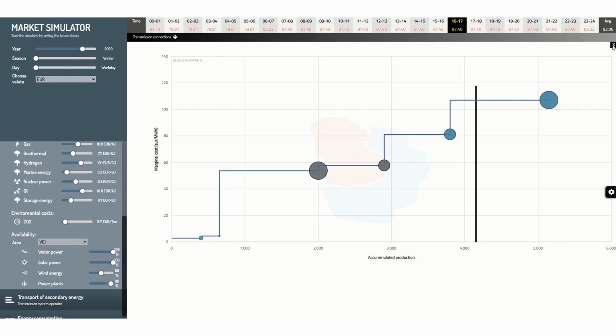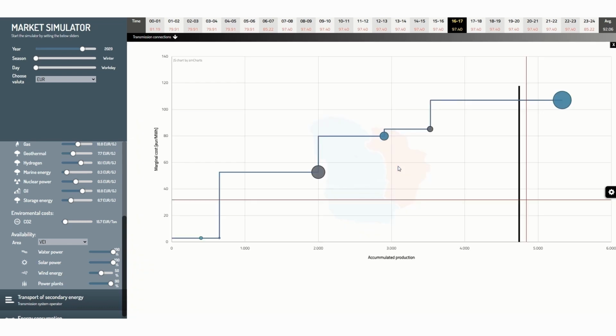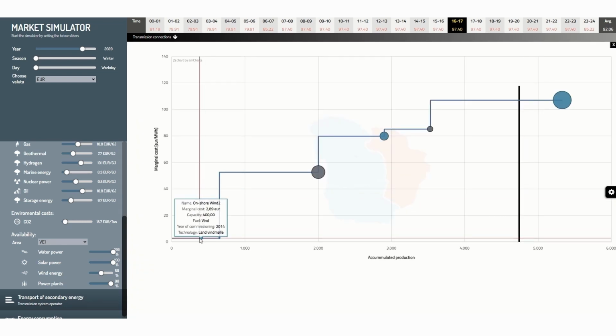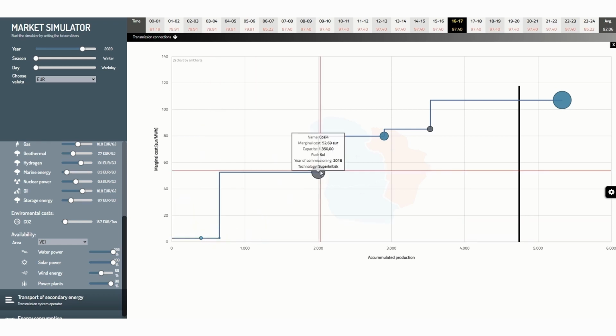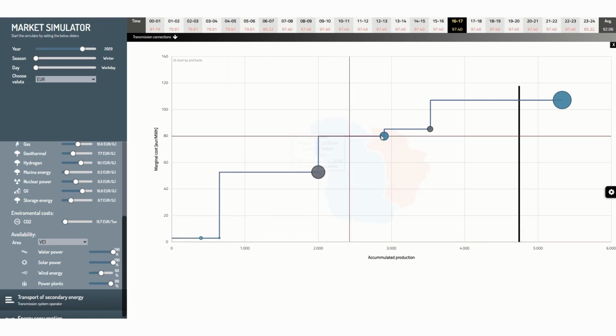This is how it looks here in VE1. If you go to VE2, you can see here we have the capacity of the wind turbines and the power plants. They have also been reduced with the availability of these units here. And you can see the same supply curve here.